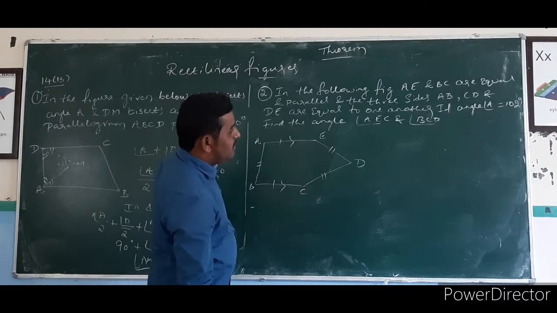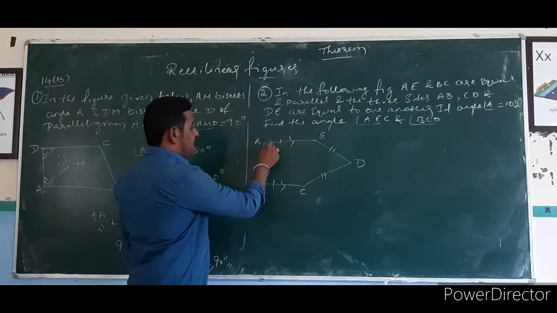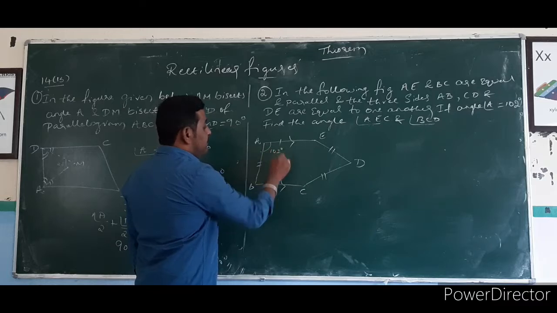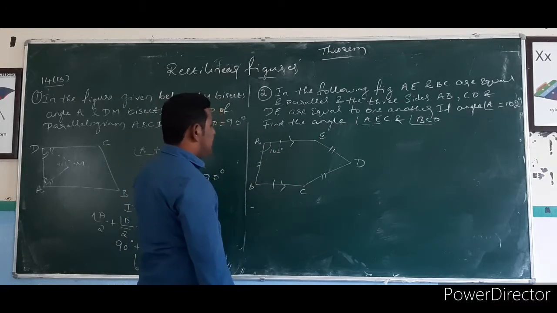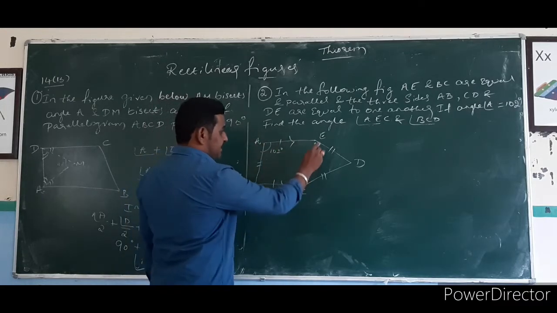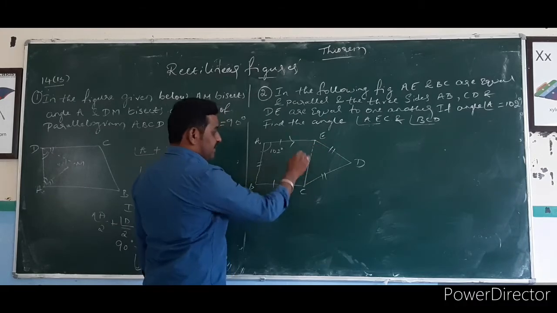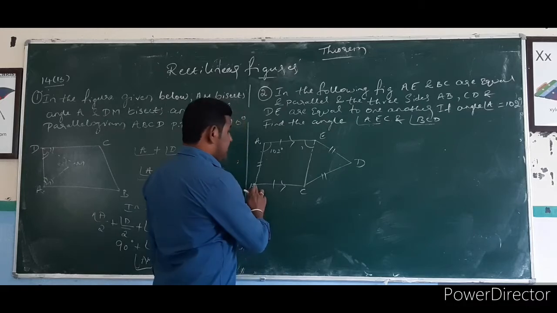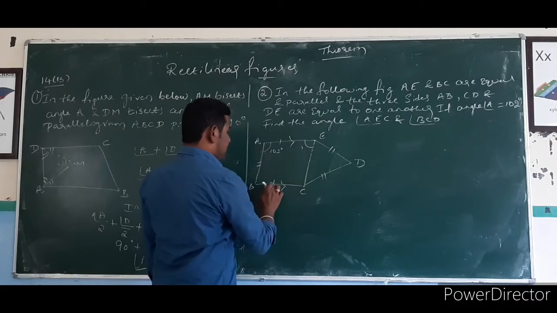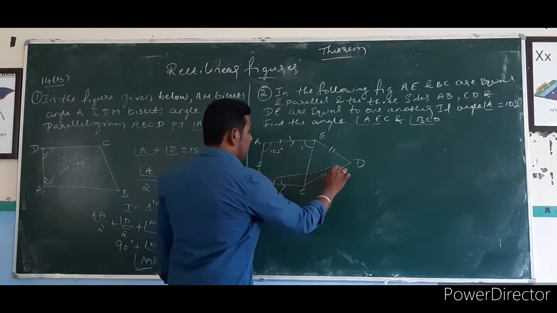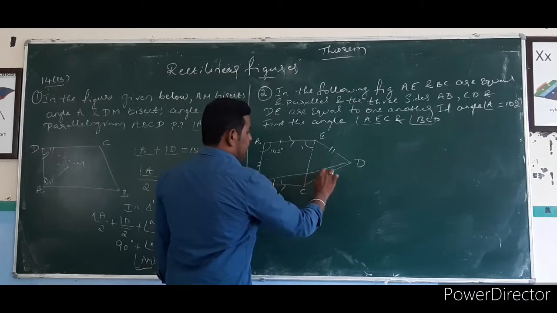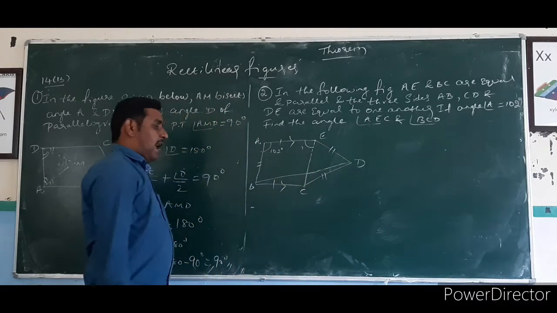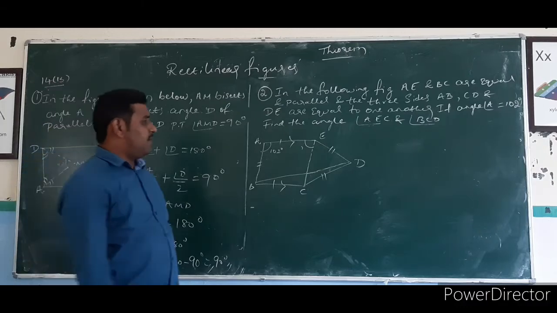And one angle is given: angle A is equal to 102 degrees. What we have to find out: first, AEC, so we can join EC. Next, BCD. You have to find BCD, so you join BD. First we have to find AEC.